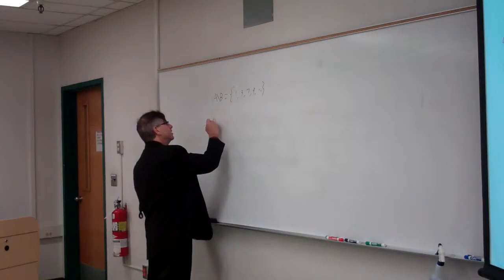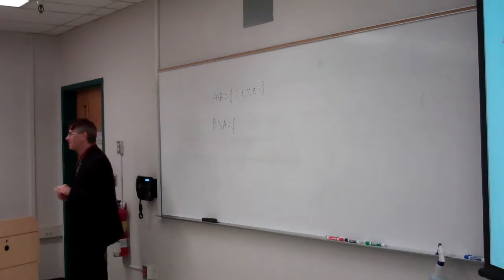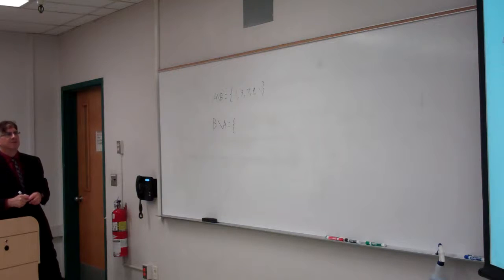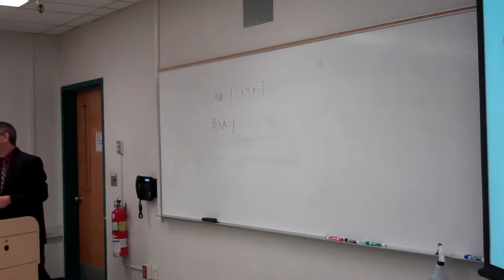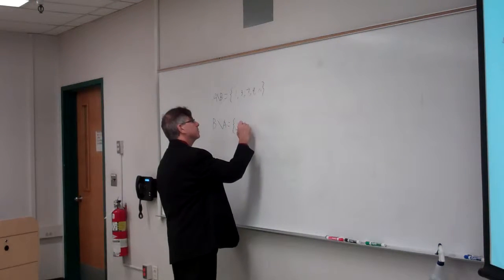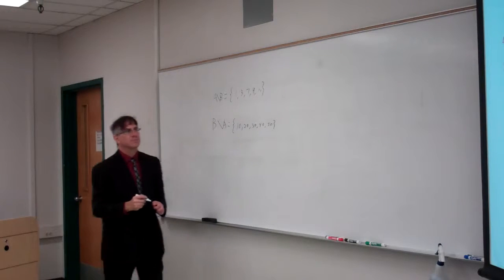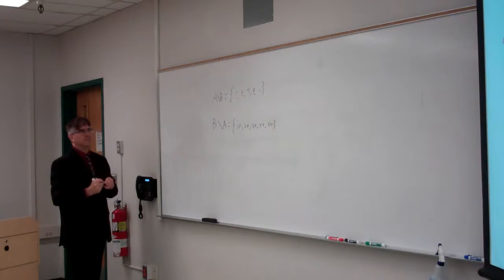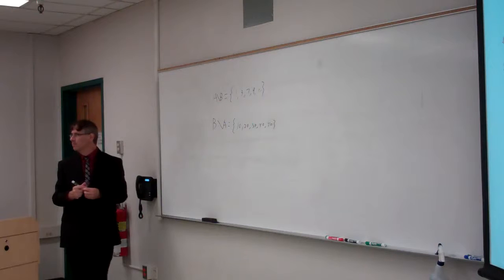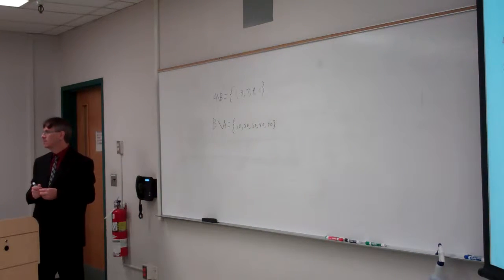B complement A should be multiples of 5, things that are divisible by 5 that are not odd numbers. So 10, 20, 30 would be an example. So this slash is the complement of the next term.